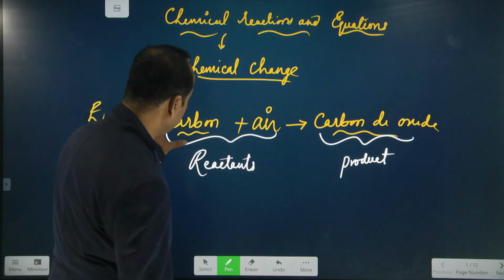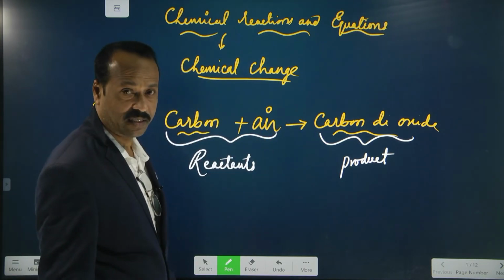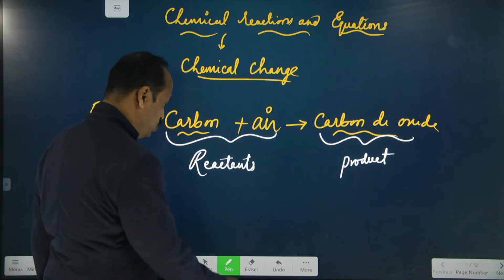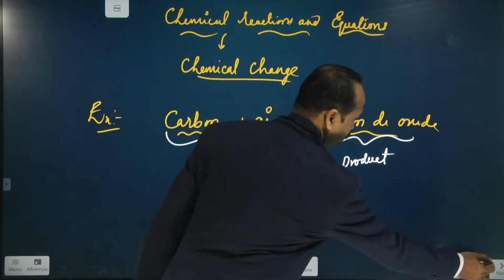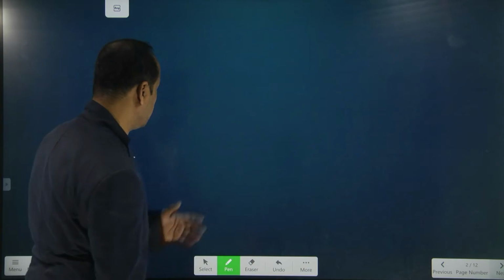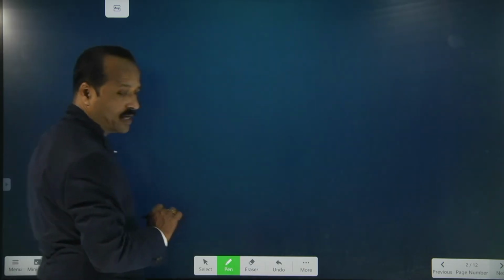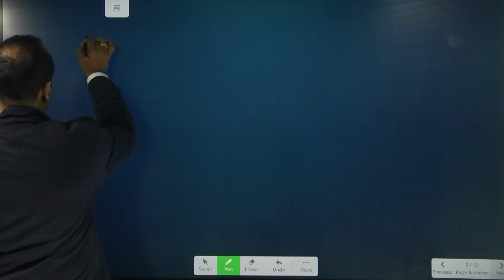Now this is called a chemical reaction. To write the chemical reaction, if you want to write it on paper, in an examination, how do you write this one? So what do you write?